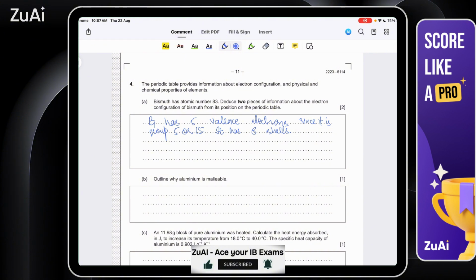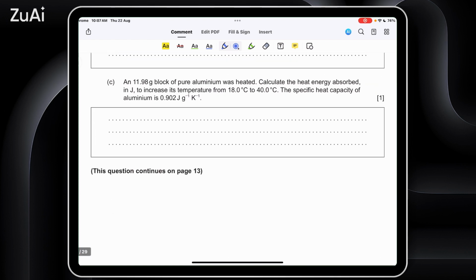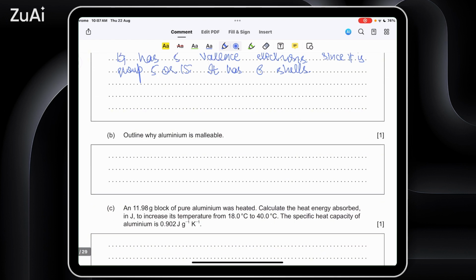Why is aluminum malleable? The malleability is represented by the layers of metal sliding past each other, due to repulsion between positive ions.